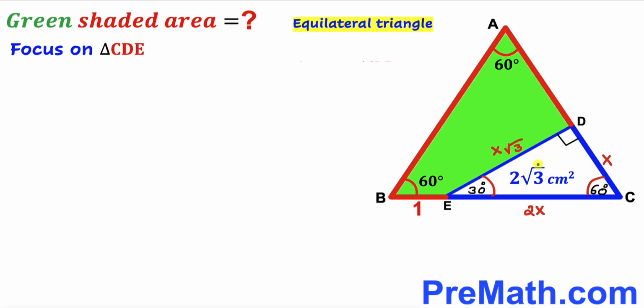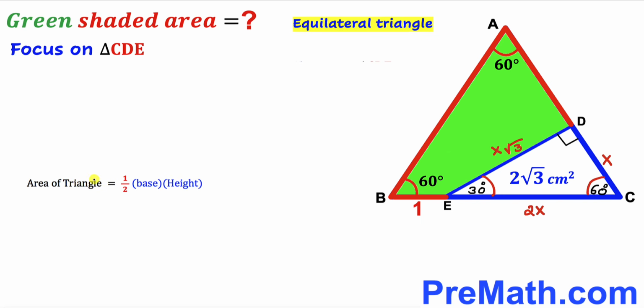Now we know that the area of this triangle CDE is 2 times square root of 3. Let's recall the area of a triangle formula. Area is always equal to a half times base times the height of the triangle. The base of this triangle is x, whereas the height is x times the square root of 3, and the area has been given to us as 2 times square root of 3.